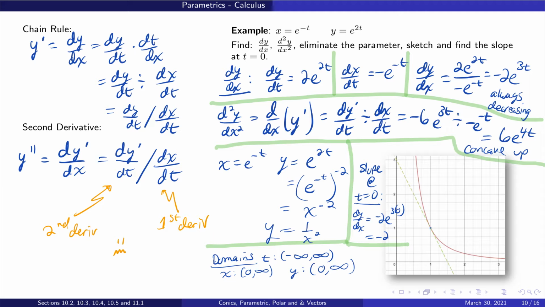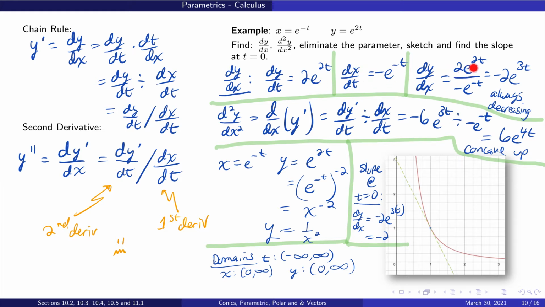As an example, suppose a particle is moving according to this function in the x direction and this function in the y direction. We want the first and second derivatives, eliminate the parameter, sketch, and find the slope at t equals 0. The first derivative is pretty straightforward. Find dy/dt, find dx/dt, and then divide those.